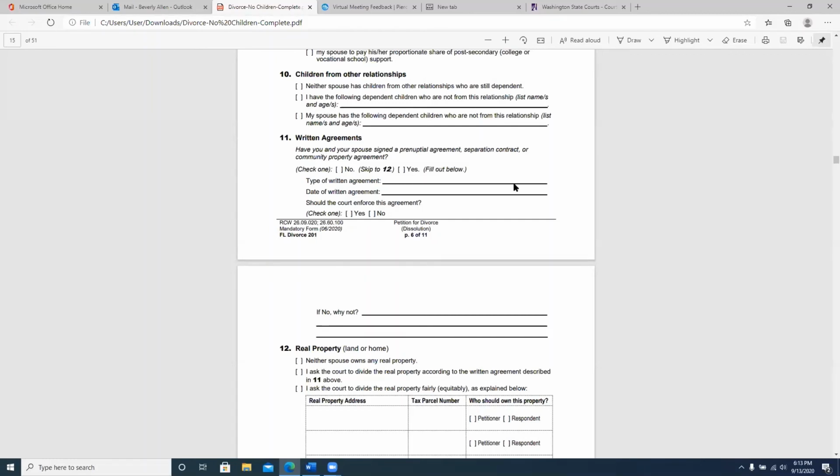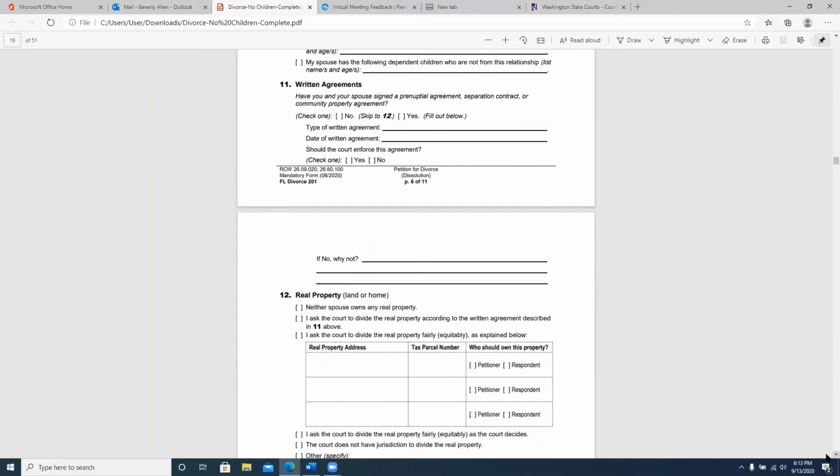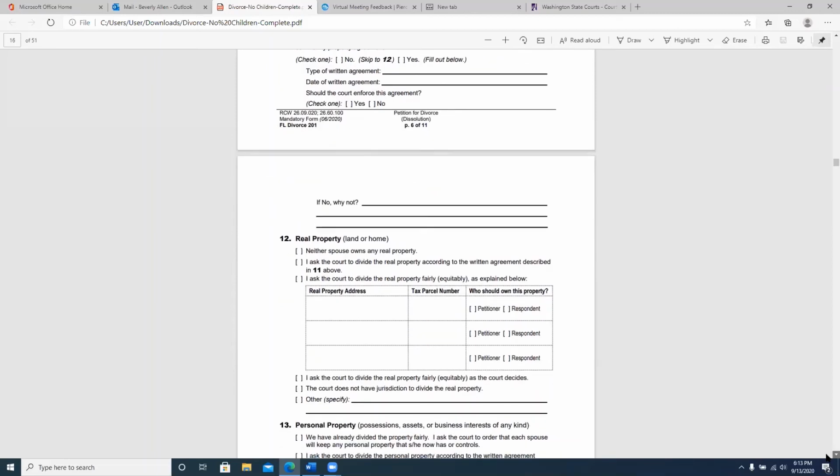It could be more broad and be called a CR2A agreement. CR2A refers to Civil Rule 2A, and it is what attorneys commonly designate these contracts, where people discuss the case and come up with agreements that they want the court to enforce. So you can call it a CR2A agreement, and the court will know exactly what you mean. The date the agreement was reached, and whether you want the court to enforce that agreement.